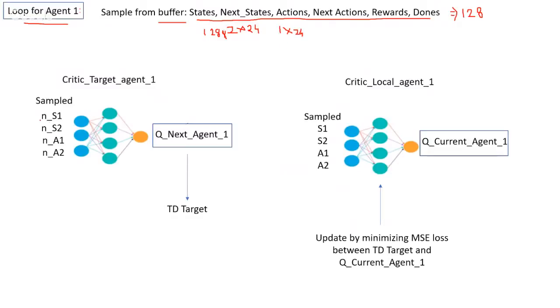So next state 1 is the 1 by 24 for agent 1. That's the top layer. Next state 2 is from the bottom layer, again 1 by 24. Next action 1 is again from here. Again, I have written it sampled. These are all sampled. These are not the same that we saw in the previous step.